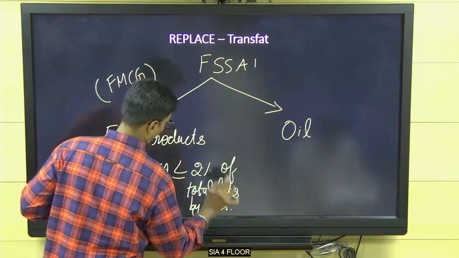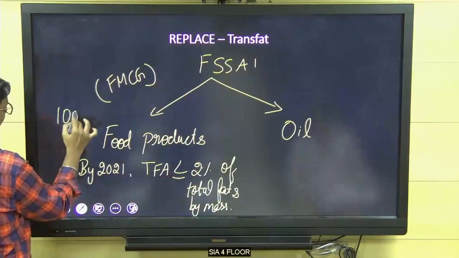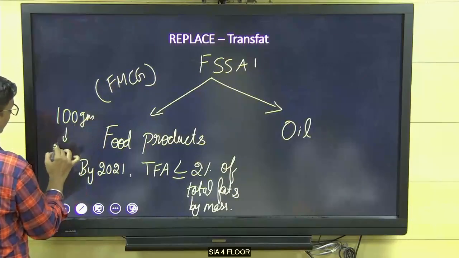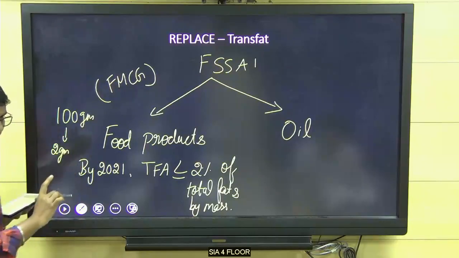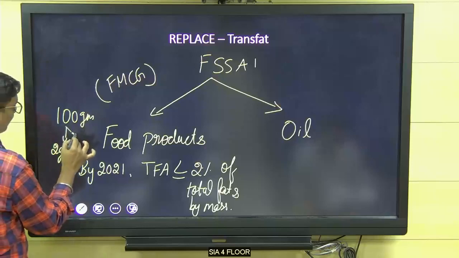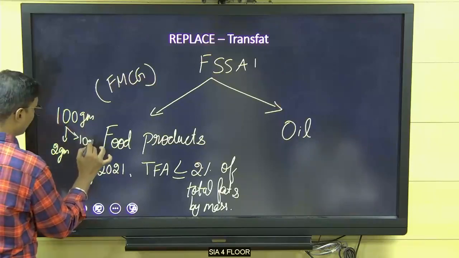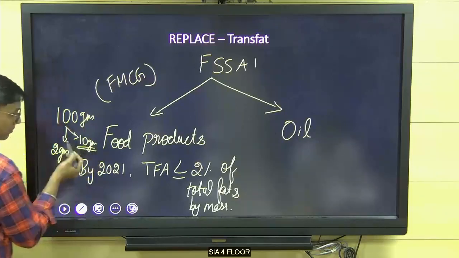This is sometimes wrongly taken to mean that if the food product is 100 gram, you cannot keep 2 gram as trans fatty acid. Good. If the food product is 100 gram and if 10 gram is fat, and out of this 10 gram, only 2% can be trans fatty acid.